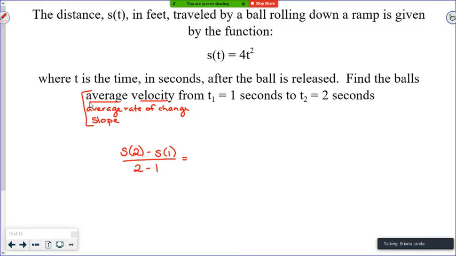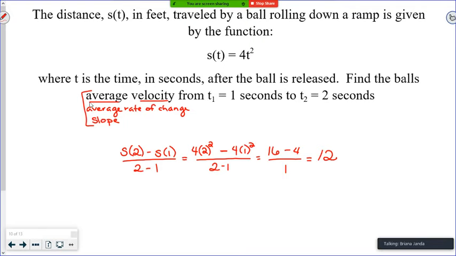So if I plug this into that, I would have 4 times 2 squared for that first part, minus, plug 1 into it, 4 times 1 squared. Let's see, 2 squared is 4, times 4 is 16. 1 squared is 1 times 4 is 4. 2 minus 1 is 1. And 16 minus 4 is 12.